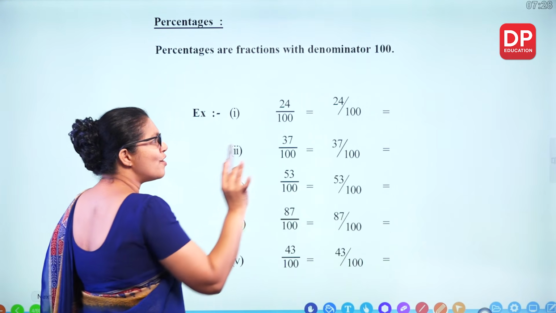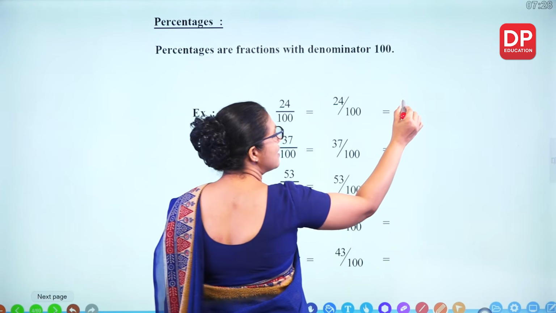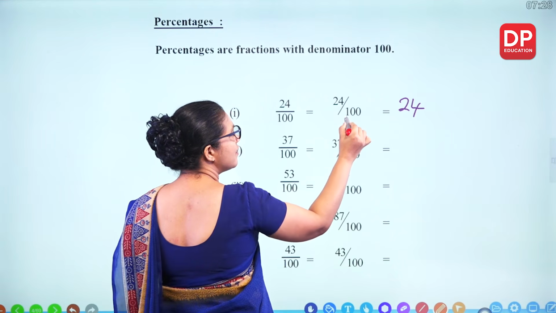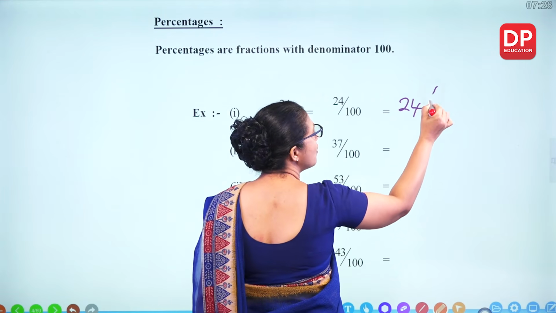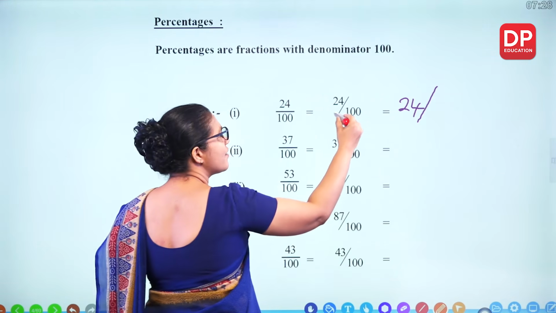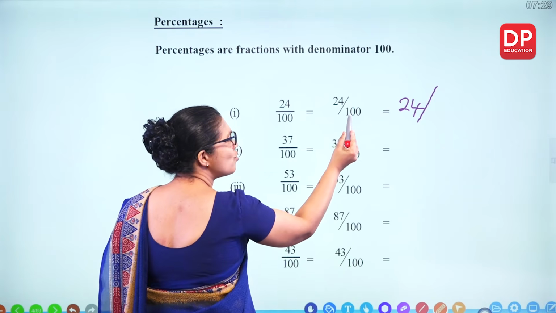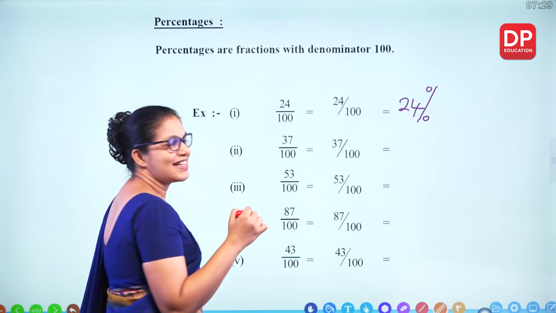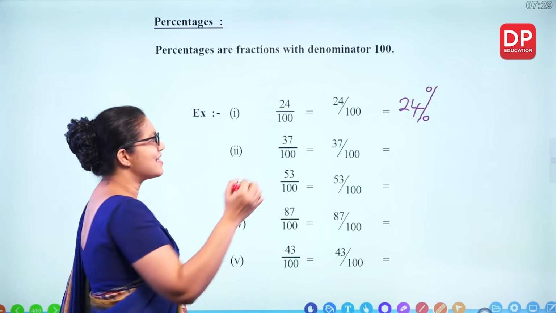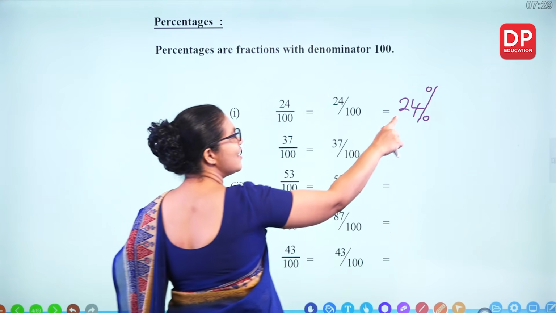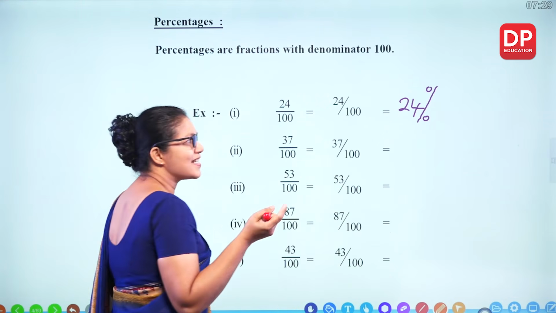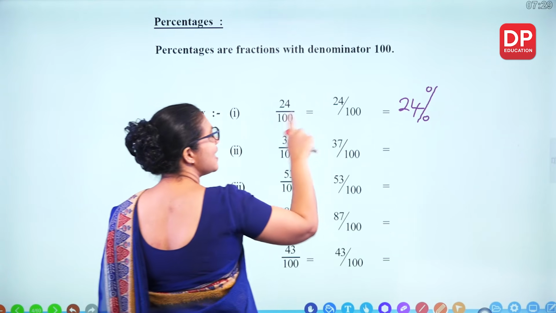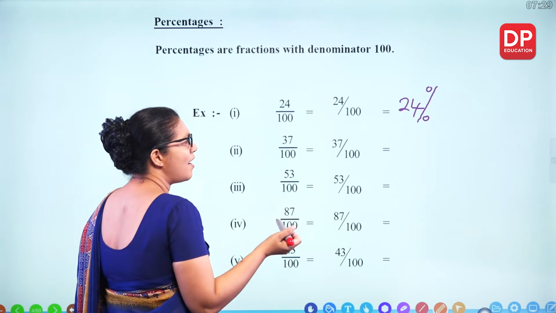I want to rewrite this: 24, and instead of this 1, I put 1 here and increase the length, and these two zeros I am putting here and here. So that is same as 24 over 100, 24%. That's how we can write 24%. That's 24 out of 100.